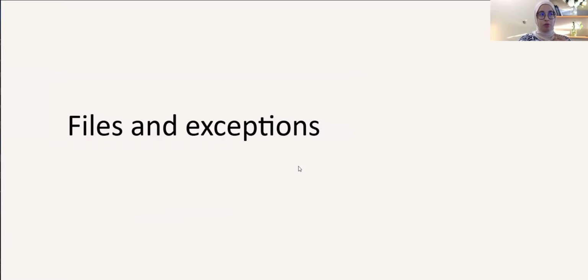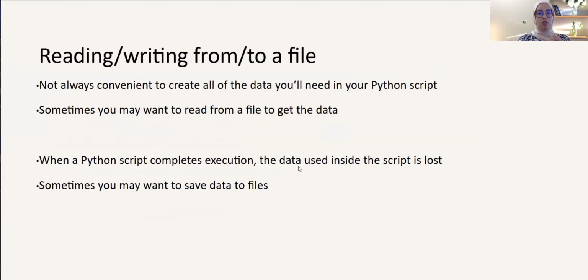Exceptions are useful when we use them with files. If I am trying to read from a file or write to a file, problems can happen if you try to reference a file that doesn't exist, and it can even cause your program to crash.